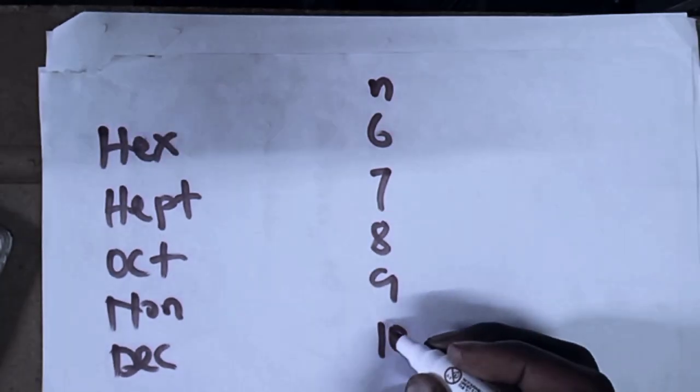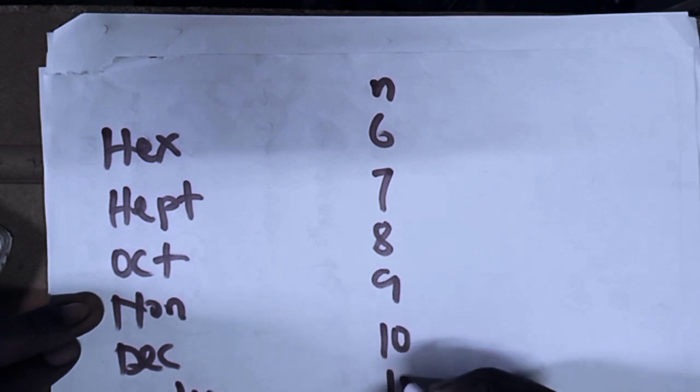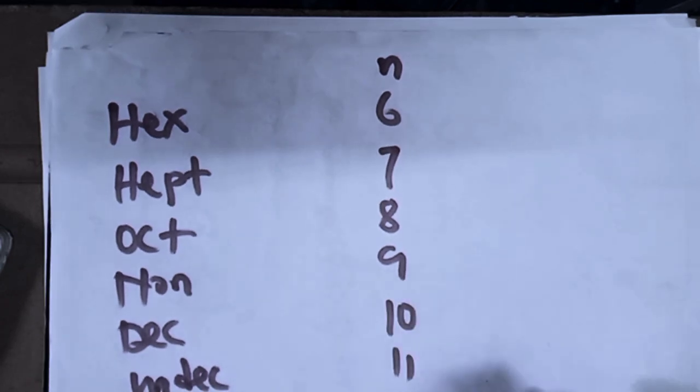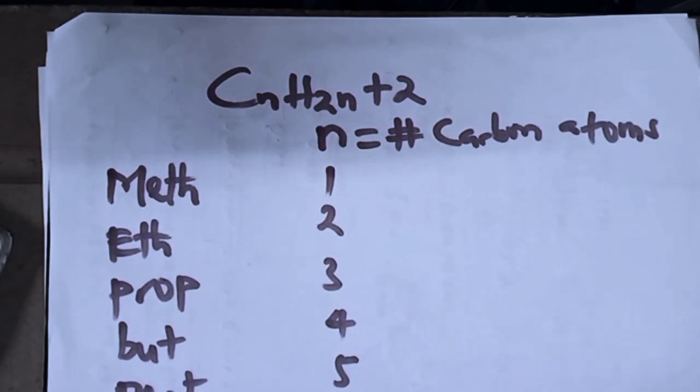Dec, 10 carbons. Undec, 11 carbons. Dodec, 12 carbons. They go on and on, up to even 30. That will help you know the number of carbon atoms in an organic compound you're given.